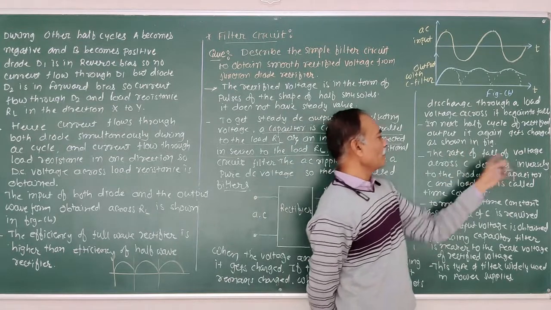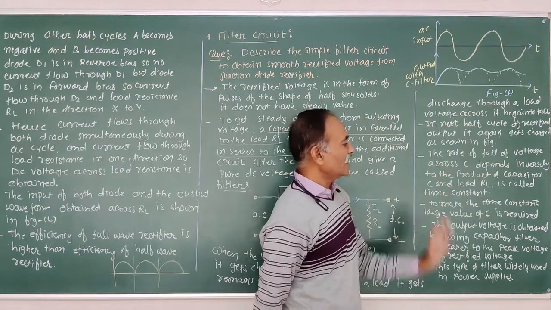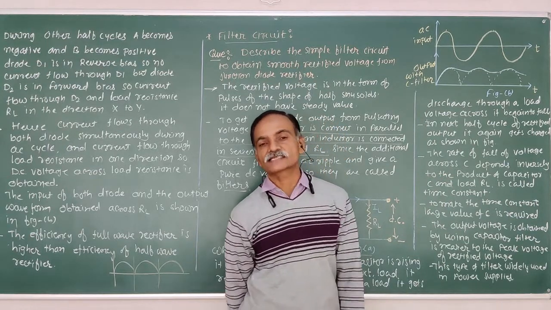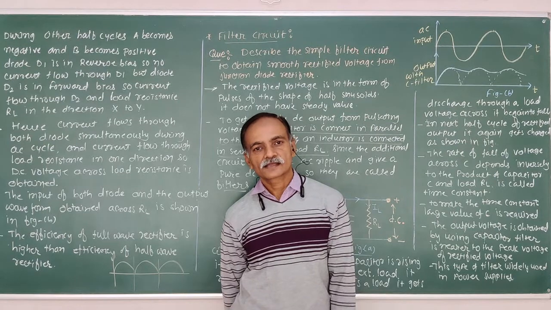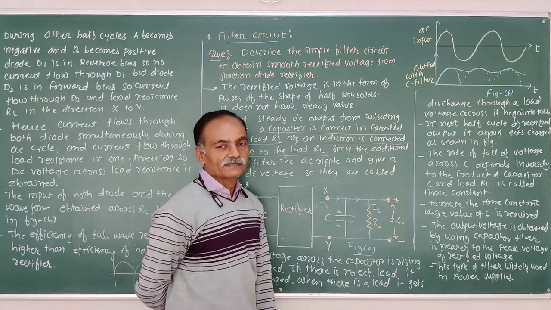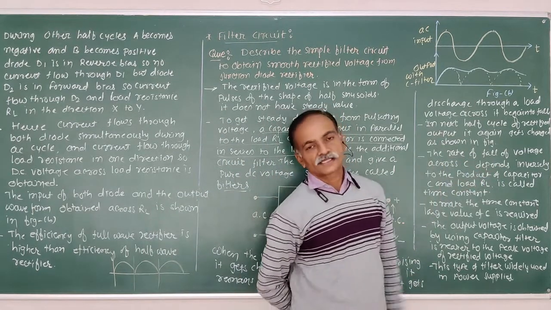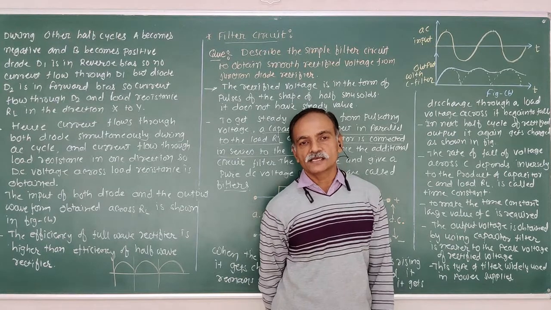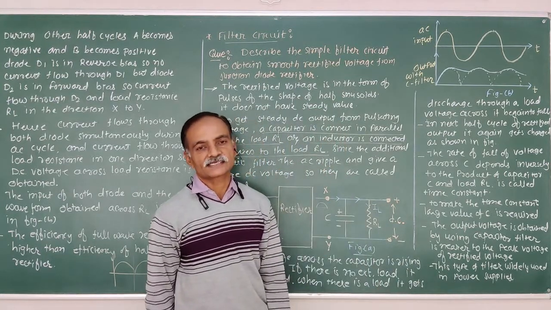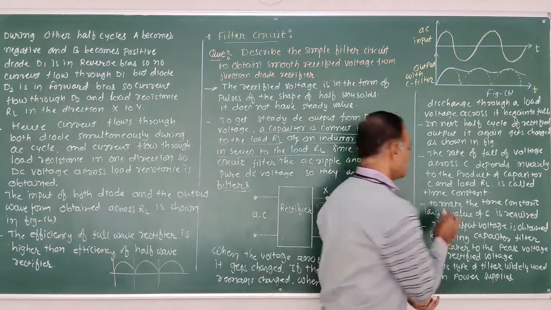The rate of fall of voltage across C depends inversely on the product of the capacitor C and load resistance R, and that is known as the time constant.